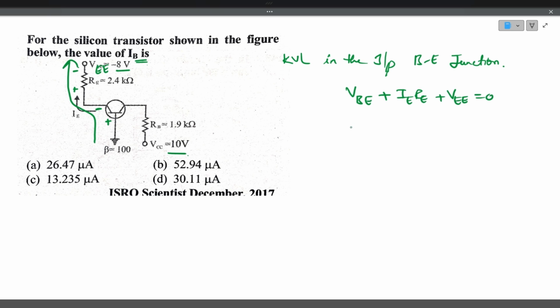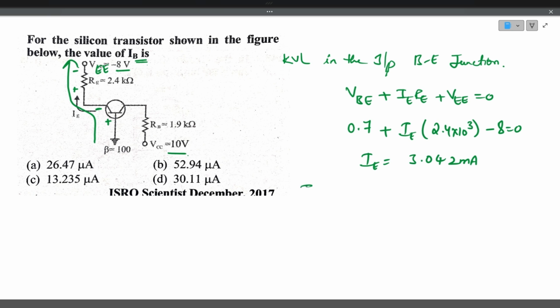VBE, the base emitter junction voltage, is 0.7. IE we do not know, emitter current is not known, emitter resistance is 2.4 kilo ohms. VEE is nothing but 8 volts. So if you solve this, the emitter current IE will be around 3.042 milliamps. This is the emitter current that we have.